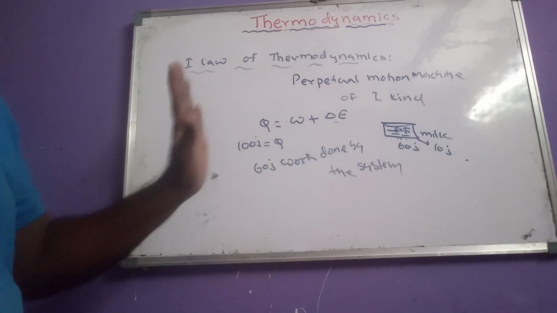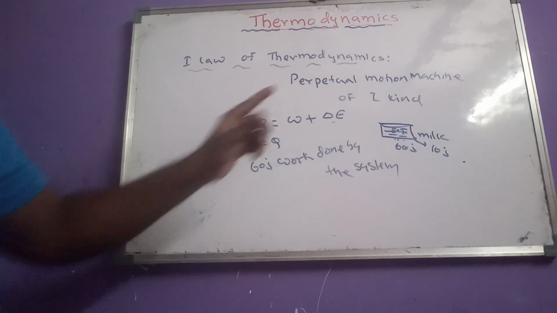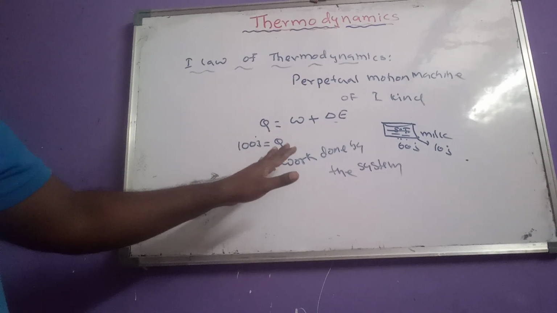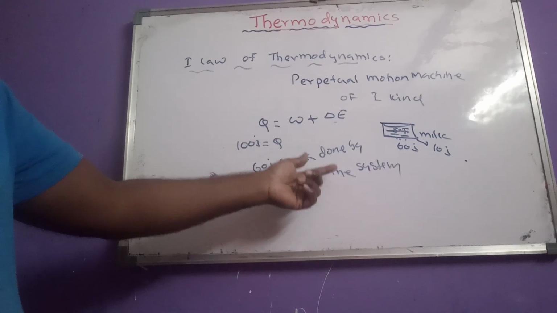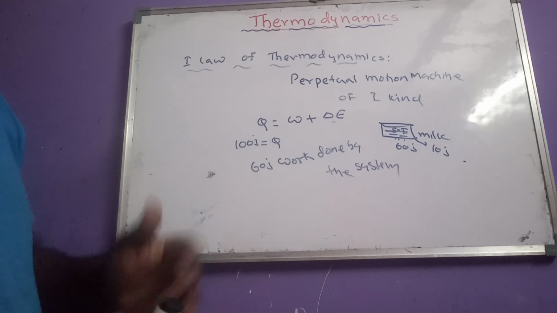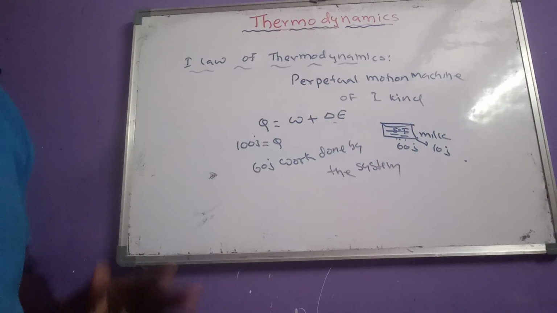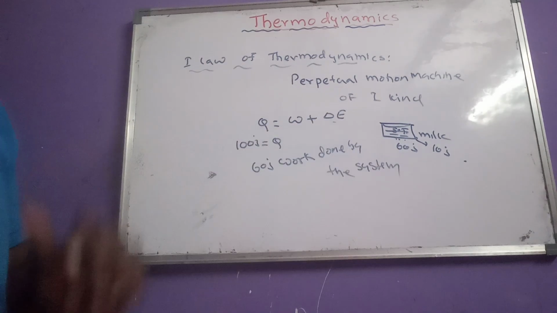Just ignore the formula. We have to apply a simple method here instead. 100 joules of energy is given to the system, but the system did some work. How much work? 60 joules of work done by the system. If a system is doing work, it loses that much energy.